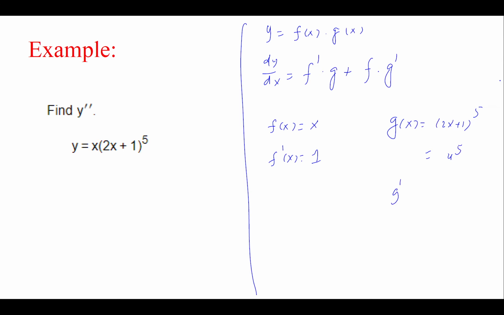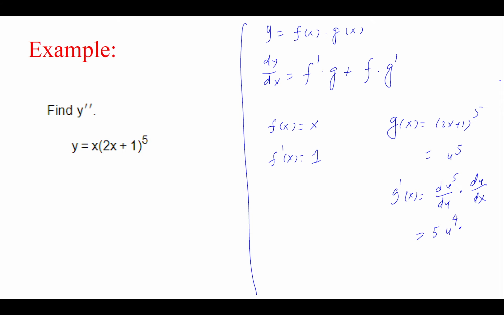So the derivative is the derivative of u to the power 5 with respect to u, times the derivative of u with respect to x. The derivative of u to the power 5 with respect to u is 5 times u to the power 4. This is the chain rule.